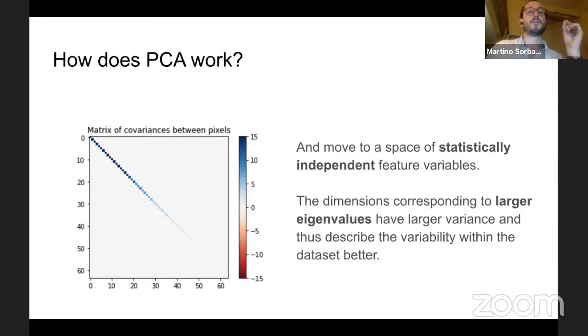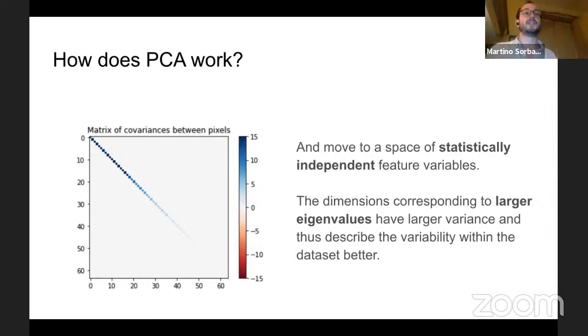The ones with more variance have a lot of variability, and so their values tell us a lot about the data set. There is more information in them. These ones have very little variance. If there's very little variance, there is little information that we can extract from them.